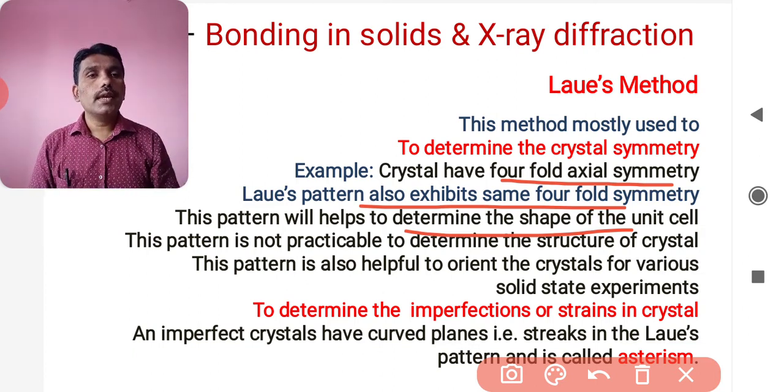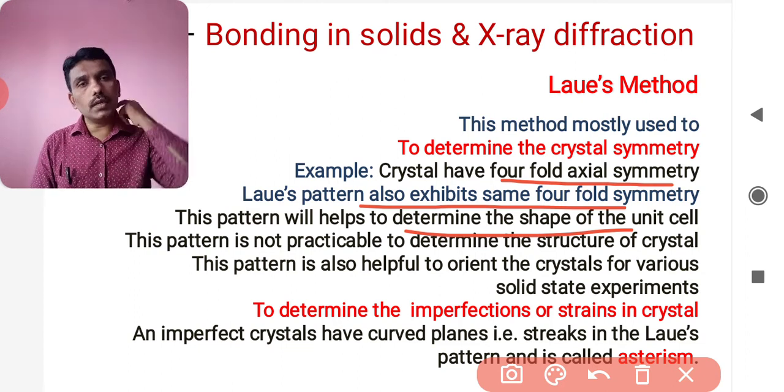That is the limitation of this pattern in describing the crystal structure.